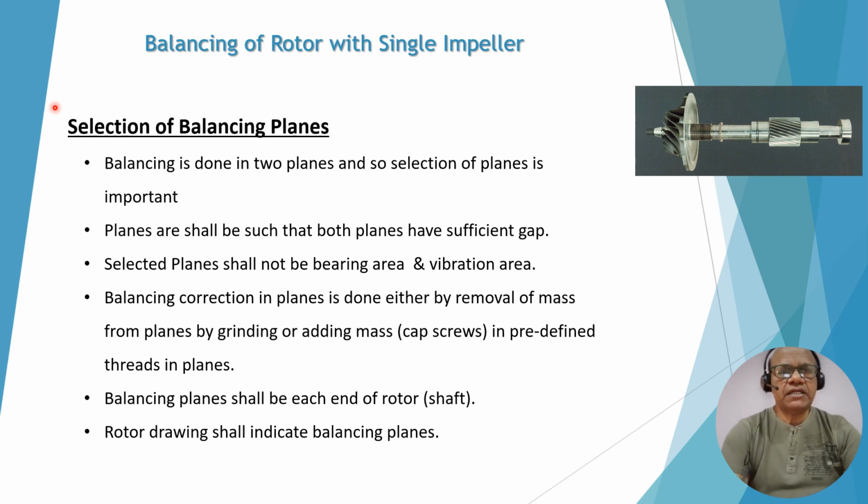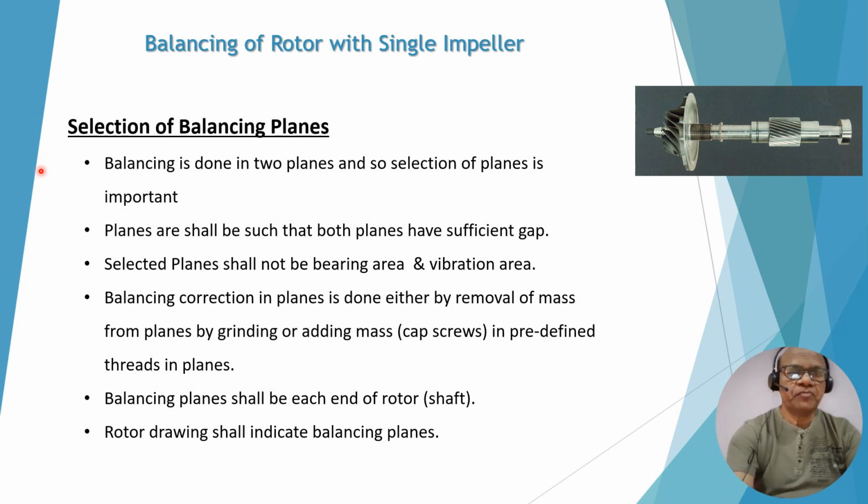Now, balancing of the rotor. First we have to select the balancing planes. The balancing plane selection criteria are these: balancing is done in two planes, as you know, so selection of the plane is very important.